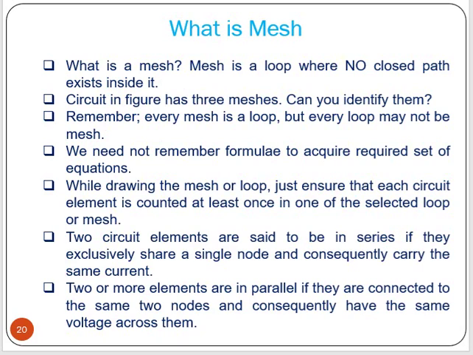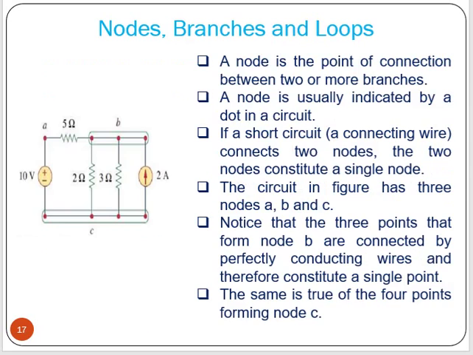Now what is a mesh? A mesh is a loop where no closed path exists inside it. That means, if we consider A from here to this outer loop, is this a mesh or not? This is not a mesh because it has two other loops inside: this A, B, 3 ohm resistor and voltage source, and again A, B, 2 ohm resistor and voltage source.